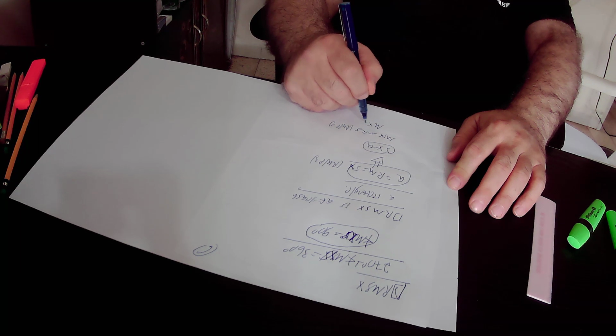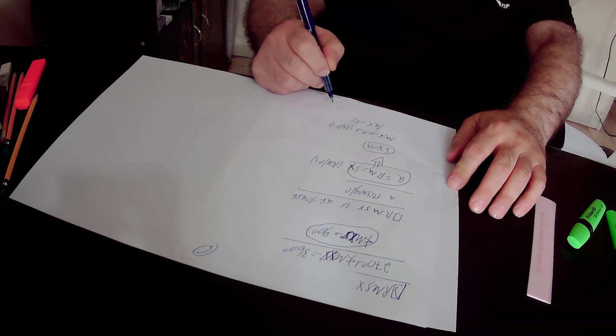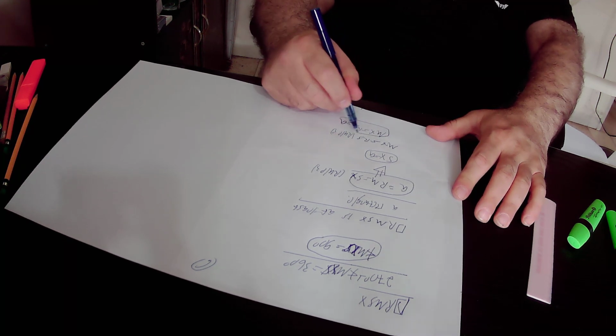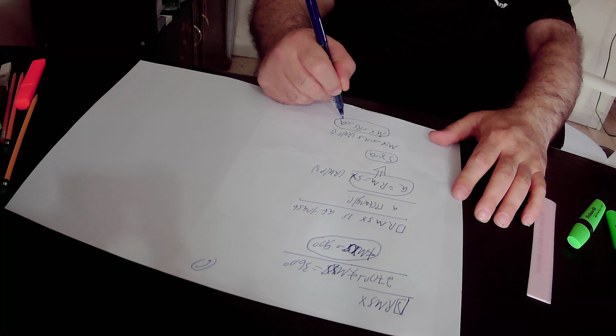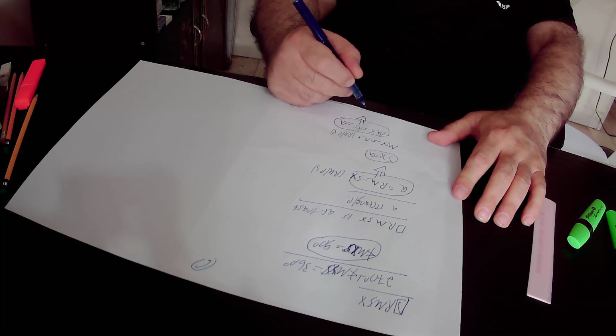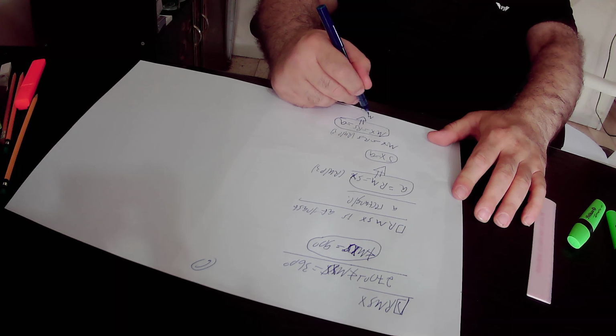MX equals RS according to rule number 3, but RS equals A according to what we have already found out, and from this equation, MX equals RS equals A, we will derive that MX is also equal to A.